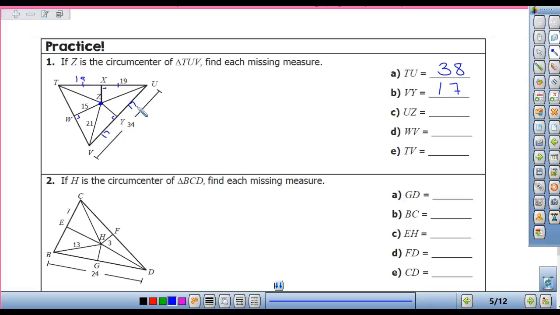Now they want UZ. Why? Because ZV, ZU, and ZT all have to be the same, remember. That's what the circumcenter does. So UZ is going to be 21.